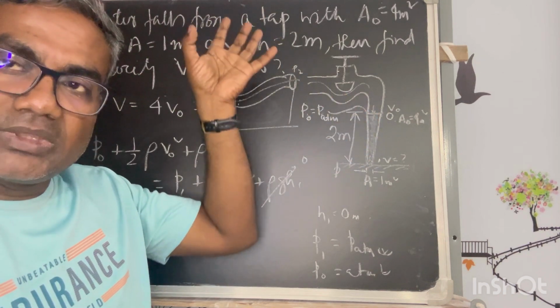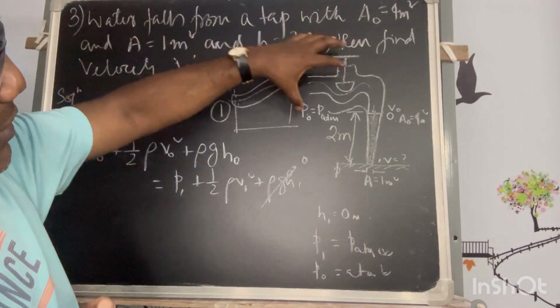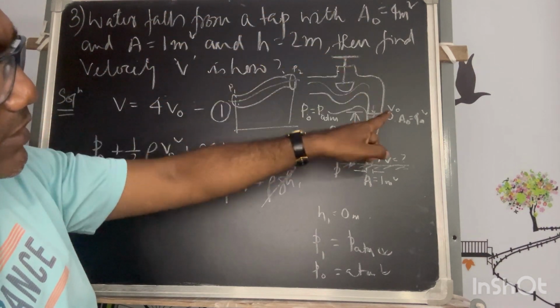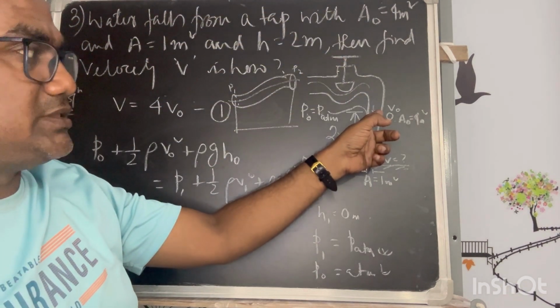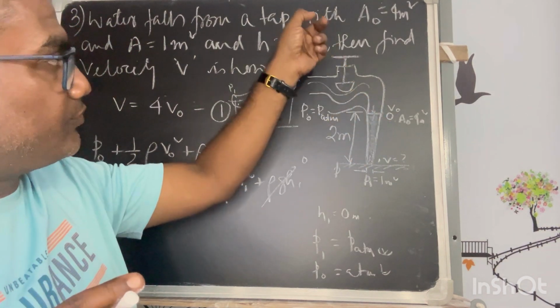There is no additional, so static head already is there, the tap is falling, some static energy is there, from there it has dropped to this. After reaching there, it is attaining some pressure energy from the static head.